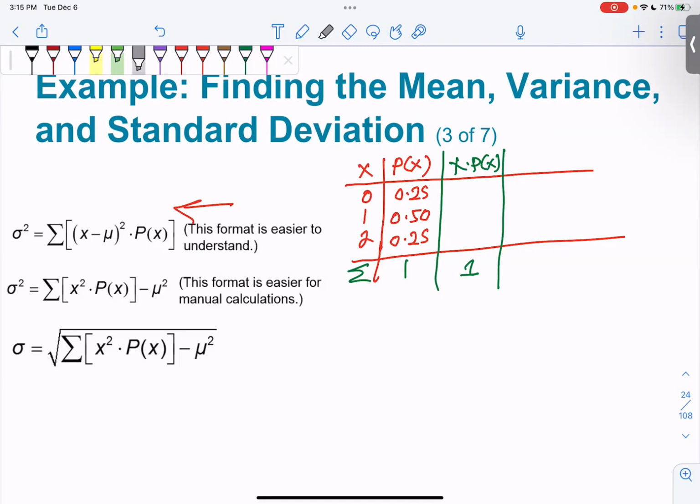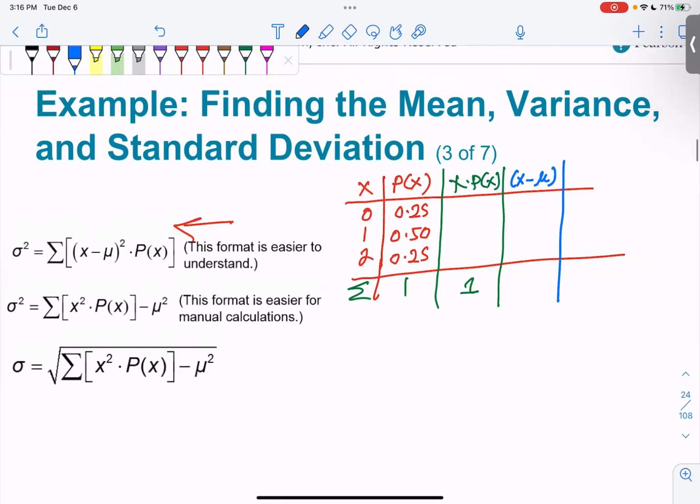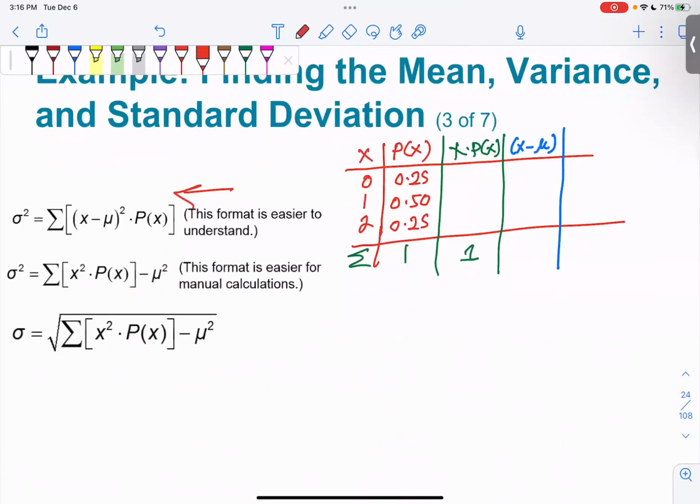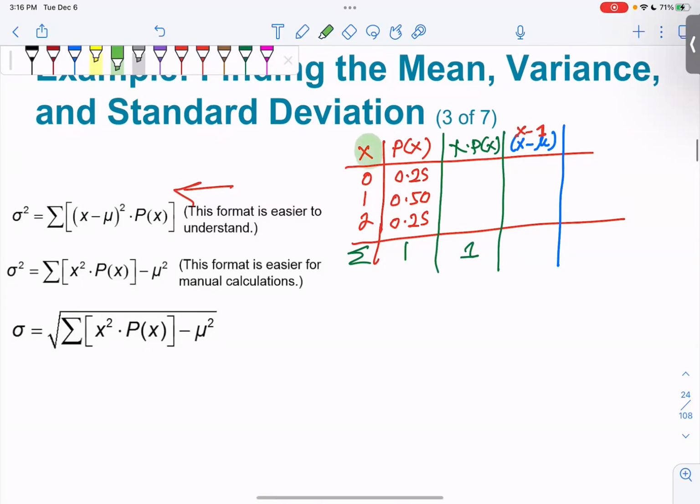So the first step is x minus mu. And mu equals 1, right? We did find it here, mu equals 1. So it will be x minus 1, where this is x.